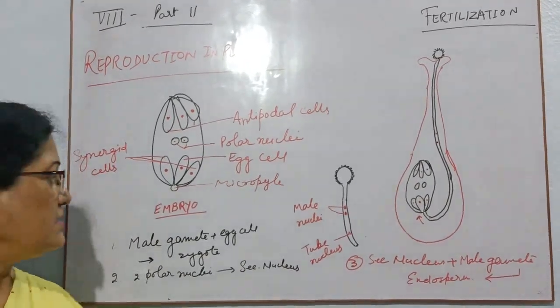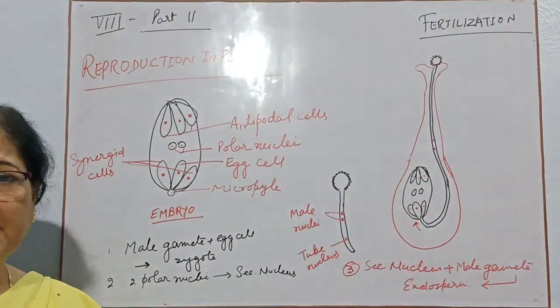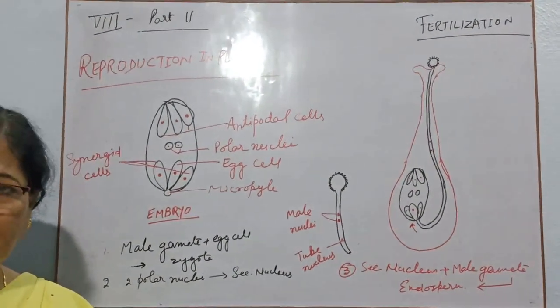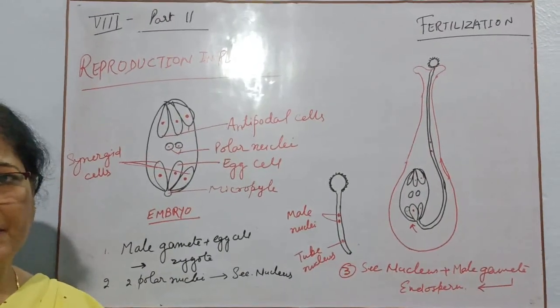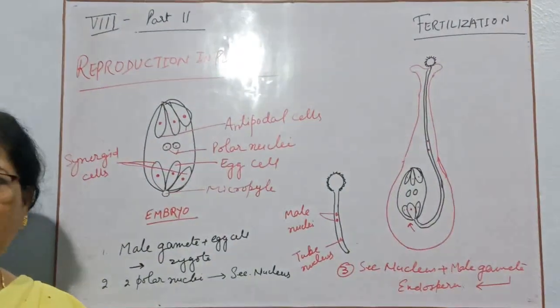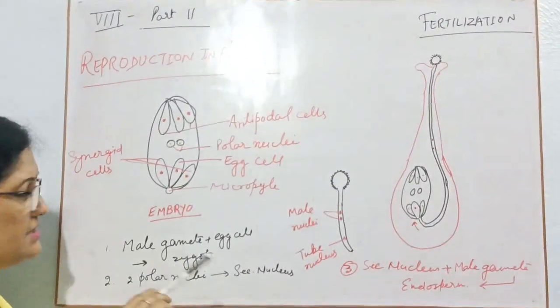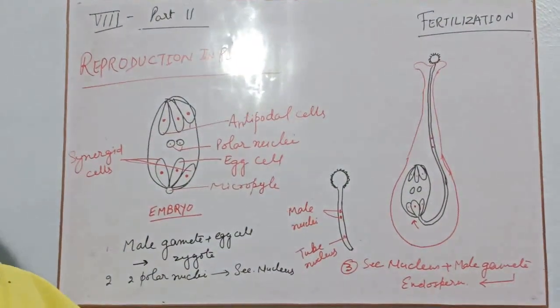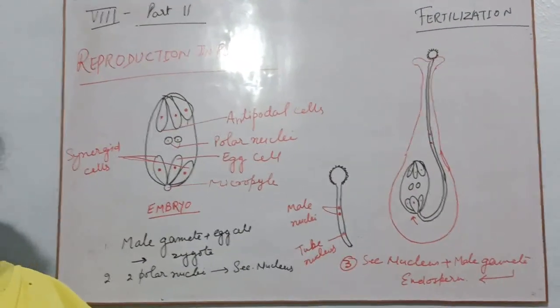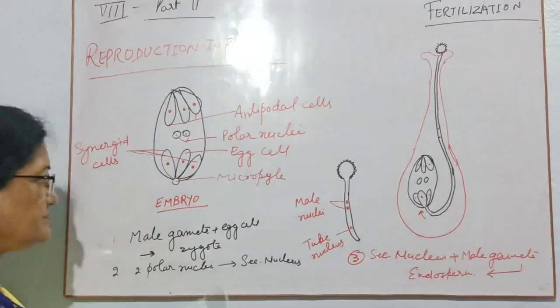First, it helps to pass air for respiration. Second, it helps to pass water while the seeds are soaked. So after soaking, the cotyledons become active for germination. So this is how the micropyle is helpful.